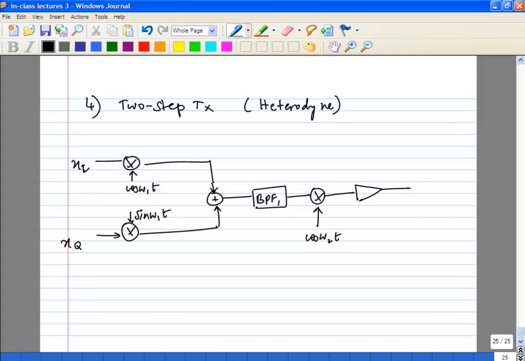Okay, you can do this. And of course, you may also need a band pass filter here again. Okay, so first you do, this is your first step, this is your IF, and then you convert again, and omega 1, omega 2 are quite different from omega PA. I'll just put it as much greater than, but yeah.